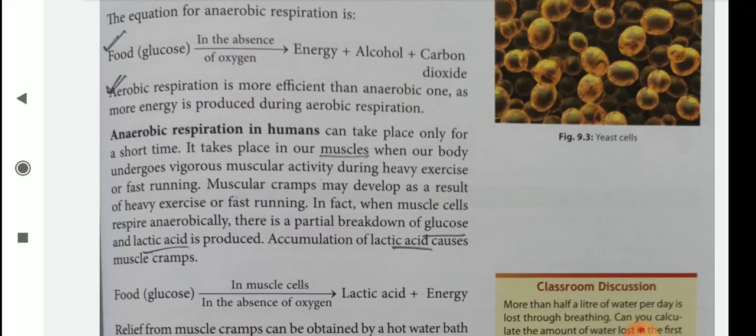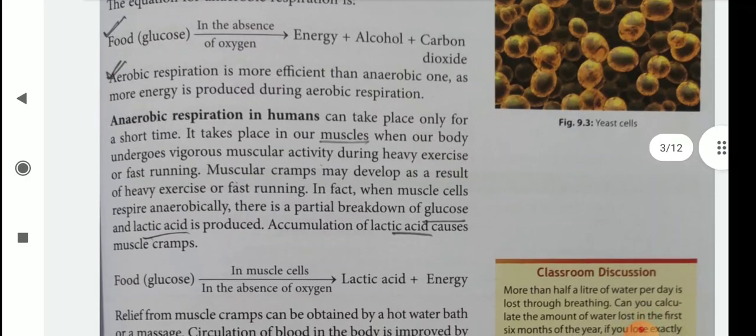Muscular cramps may develop as a result of heavy exercise or fast running. In fact, when muscle cells respire anaerobically, there is a partial breakdown of glucose and lactic acid is produced. Accumulation of lactic acid causes muscle cramps. So children, you remember, accumulation of lactic acid is the reason for muscle cramps.